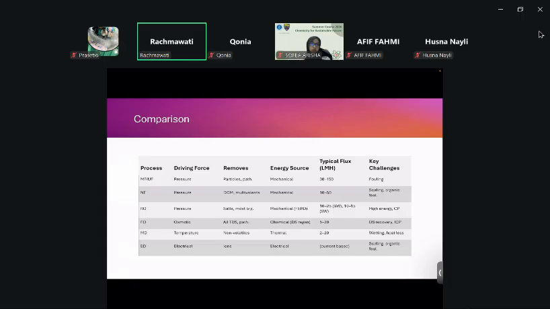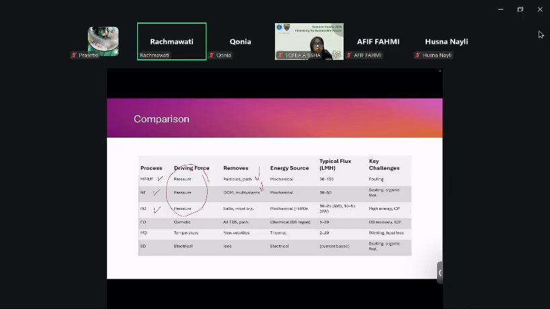Now, if we compare several types of filtration, for example microfiltration, ultrafiltration, nanofiltration, and reverse osmosis, the driving force is pressure. But because they have different pore sizes, what can be removed or rejected differs. For example, MF or UF removes particles and pathogens, but with NF you have organic matter or multivalent ions.